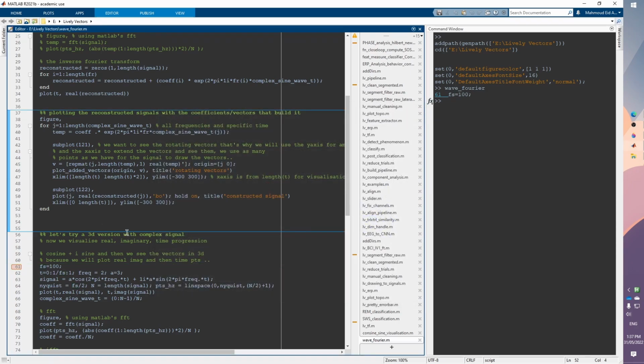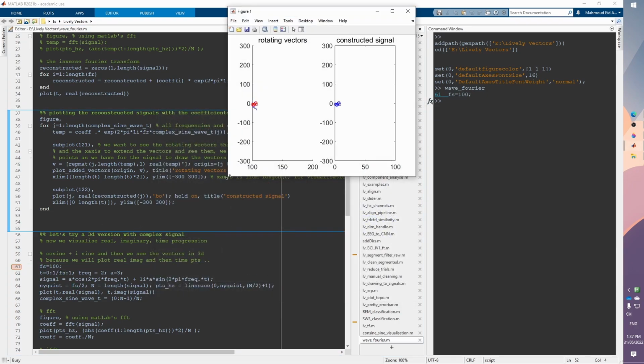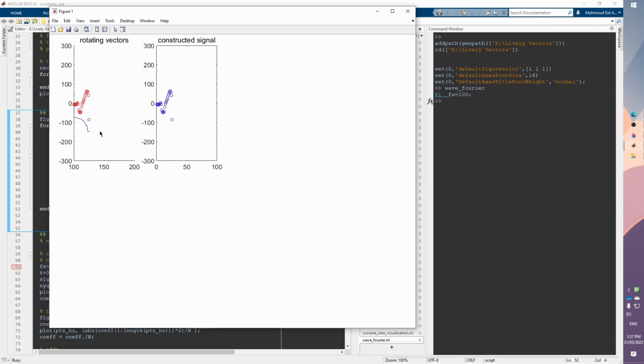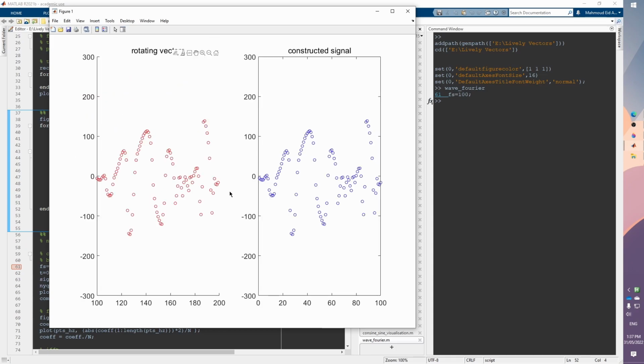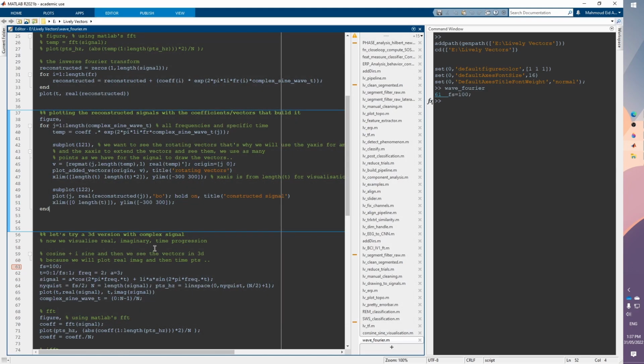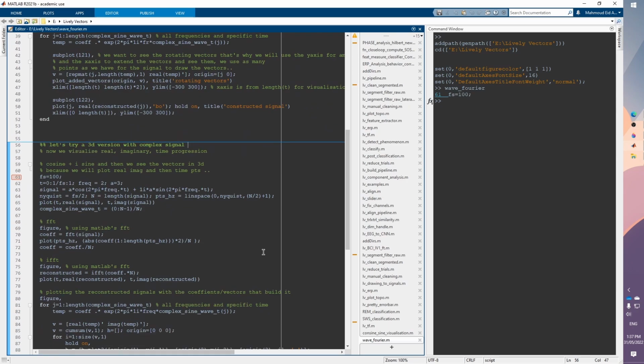Let's run it a second time. Okay, and see, these are the vectors, and they are going to the position of the end effector, and they are rotating to draw this signal at each time point. It's just very nice to see the vectors in action at every time point and how they are estimating our signal.